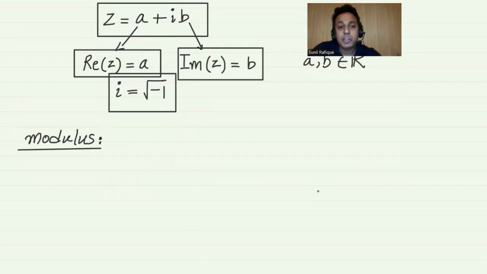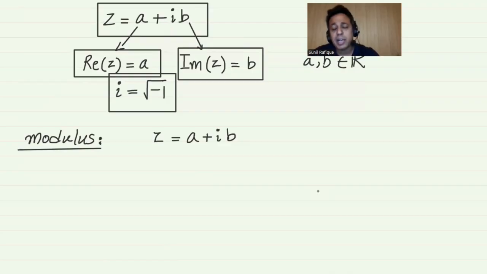If you have studied unit vectors in your O levels or IGCSE or even A levels, you know that there is a thing called a vector and there is the magnitude of a vector. So just consider that every complex number, now mark my words carefully, note it down somewhere, can be regarded as a position vector.